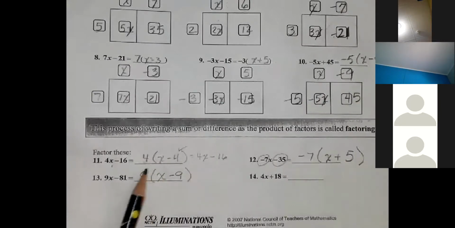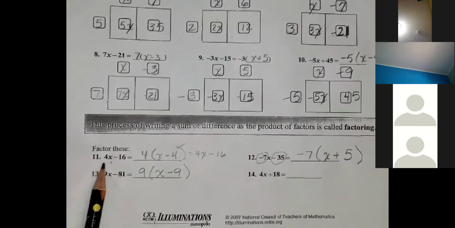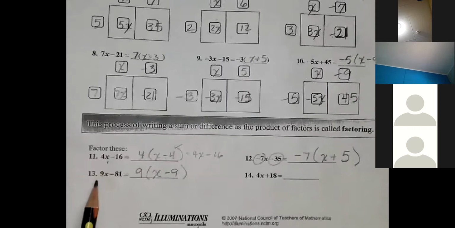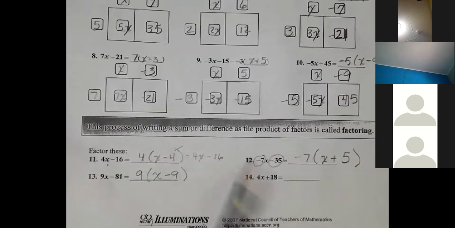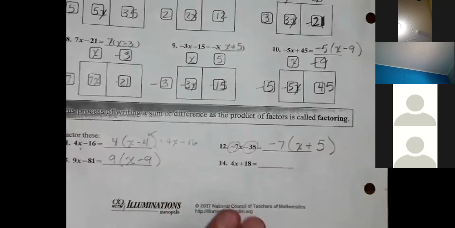Every case, the biggest number that would divide into these was the leading coefficient here. Number 14 is different. Yeah, it's gonna be x plus 4.5. That's one there.